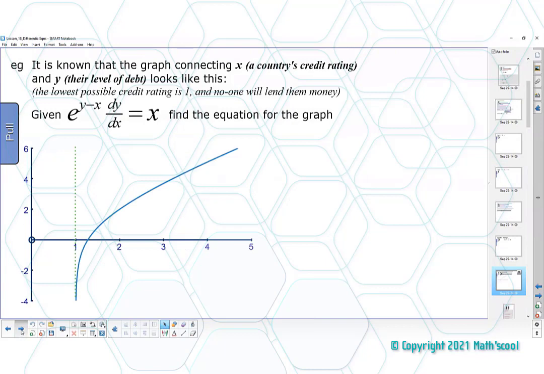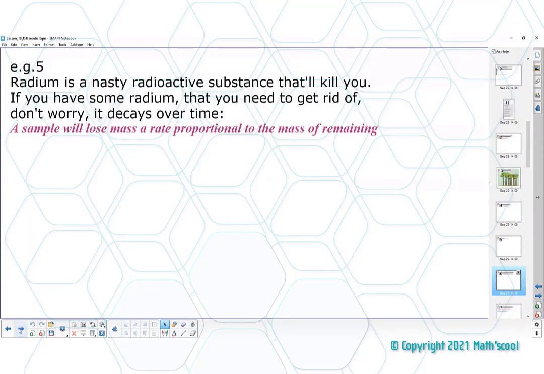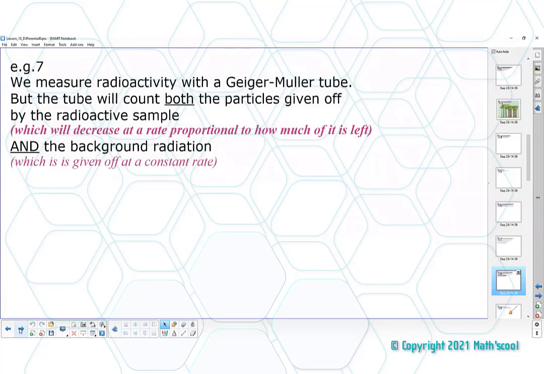We've lost my lovely diagram of the Geiger Muller tube. I won't be able to recreate it. It was a work of art, that one.